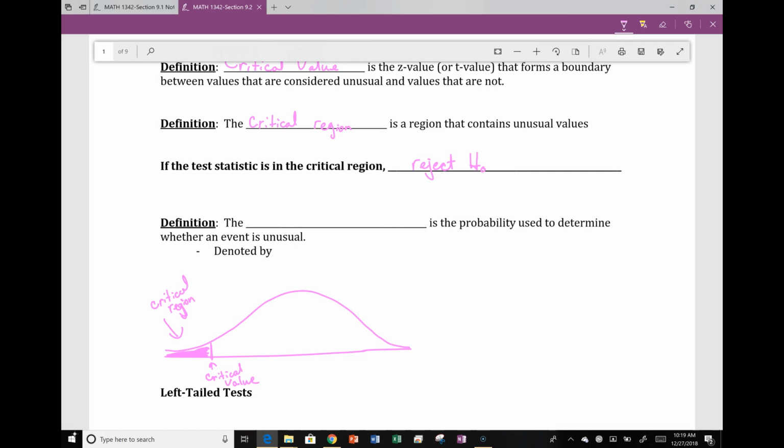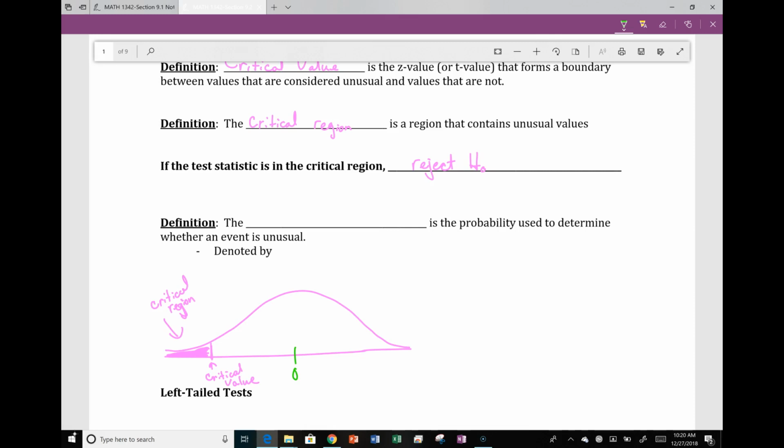Now, if our test statistic, where we put it on a z-chart, and here's 0 in the center because we're talking about the z's, and we could have negative 2.5 or anything like that over here, positives over here.